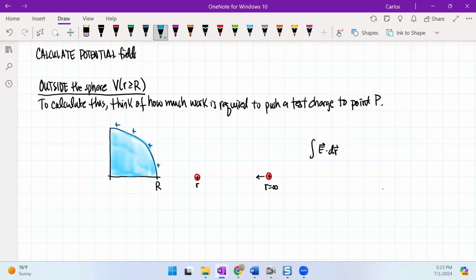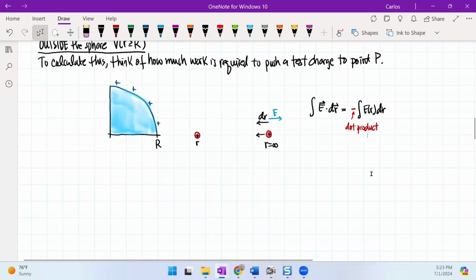Because this is a test charge, the electric field is pointing in that direction, but we are clearly moving this guy in that direction. Right away, because of the dot product, I'm going to get E of r dr, but now I have a minus sign, and that's due to the dot product. So now I know what that integral is going to do.